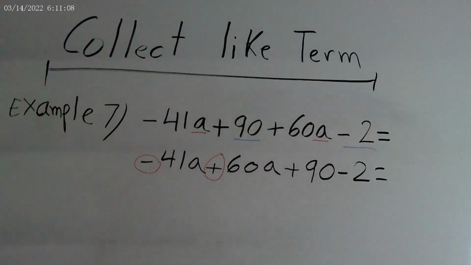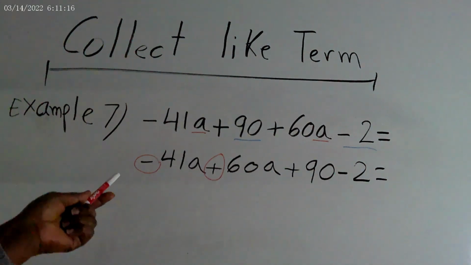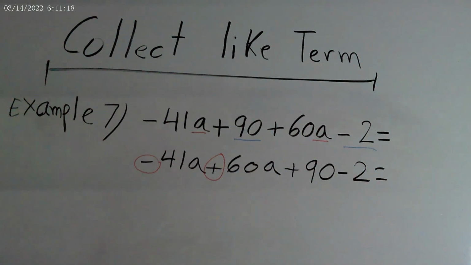And you are going to keep the sign of the biggest number. Right here, the biggest number is 60. So the sign in front of it is plus. You're going to keep the plus sign, and then you are going to do subtraction.